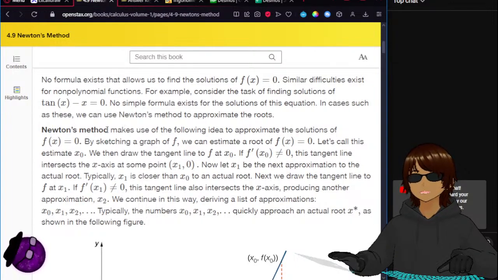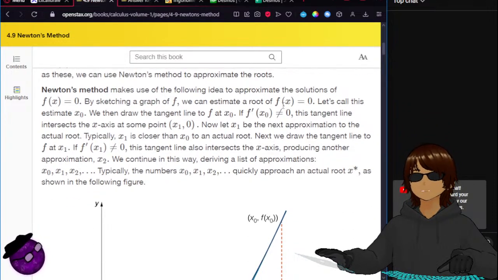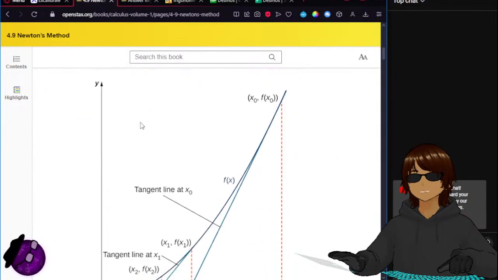Newton's method makes use of the following idea to approximate the solutions of f(x) = 0. By sketching a graph of f, we can estimate a root of f(x) = 0. Let's call this estimate x0.